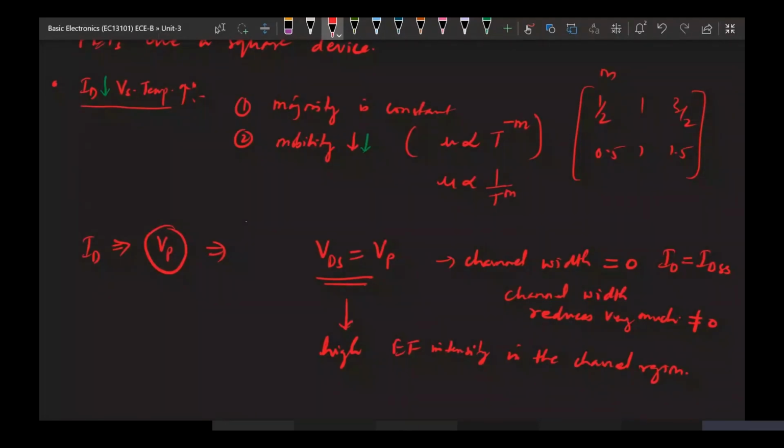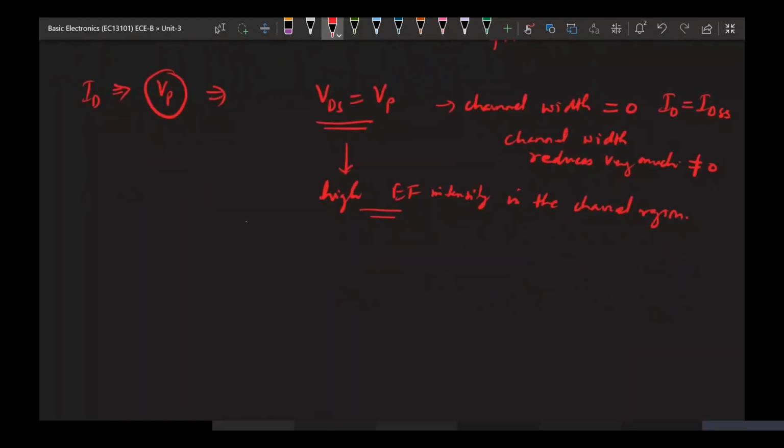But they will not touch, so the width will not be equal to 0, but will be some very small value, and through that very small gap or channel width, there will be a current flowing. That current will be very high because of the high electric field intensity generated by VDS. Okay, so there is a conflict of interest, we can call it. So sometimes we call it VP, which is equal in magnitude to VGS off.